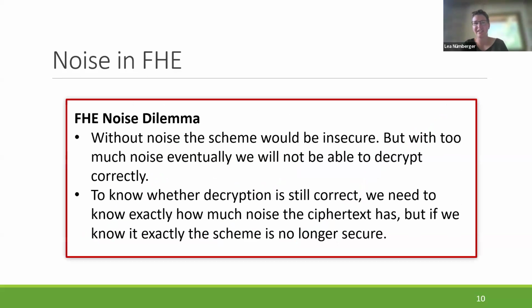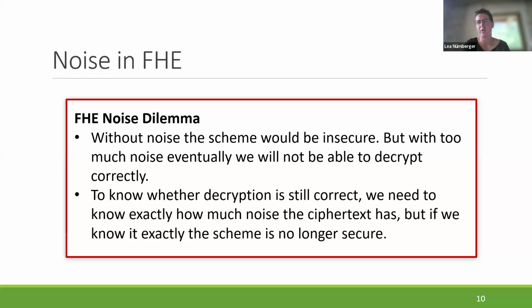So this leads us to what I took the liberty of calling the FHE noise dilemma. We need the noise in FHE, because the noise is what guarantees essentially the security of the scheme. If we don't have the noise, then the scheme is insecure. But if we have too much noise, eventually we will not be able to decrypt correctly.